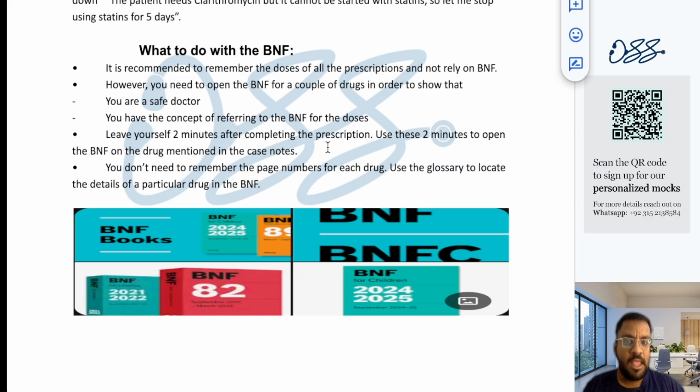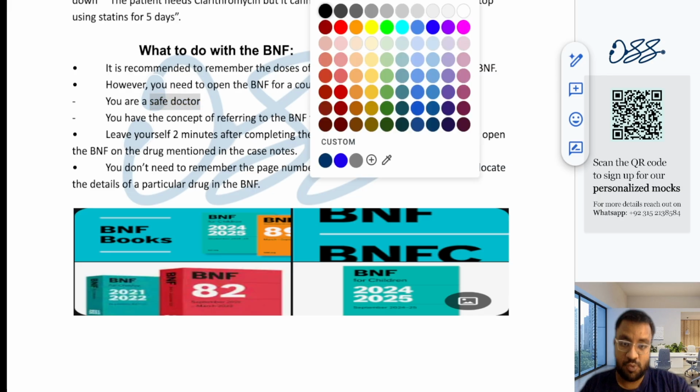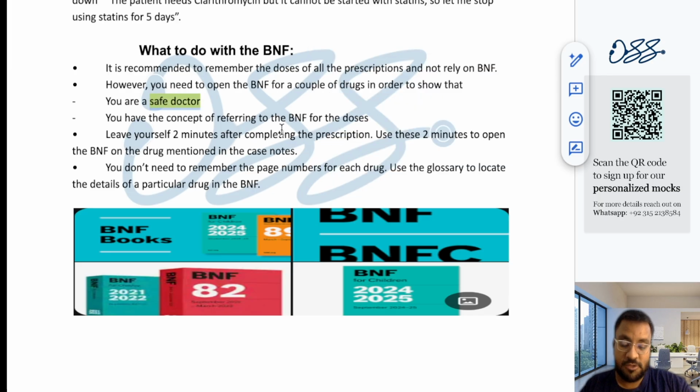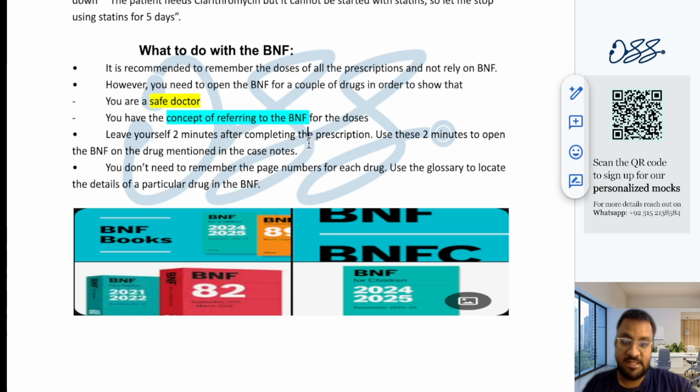Open the BNF and go to the drugs that are mentioned, just to give the impression that, number one, you are a safe doctor. You want to cross check what you have prescribed, and you have the concept of referring to the BNF, the concept that is there in UK doctors and UK consultants.